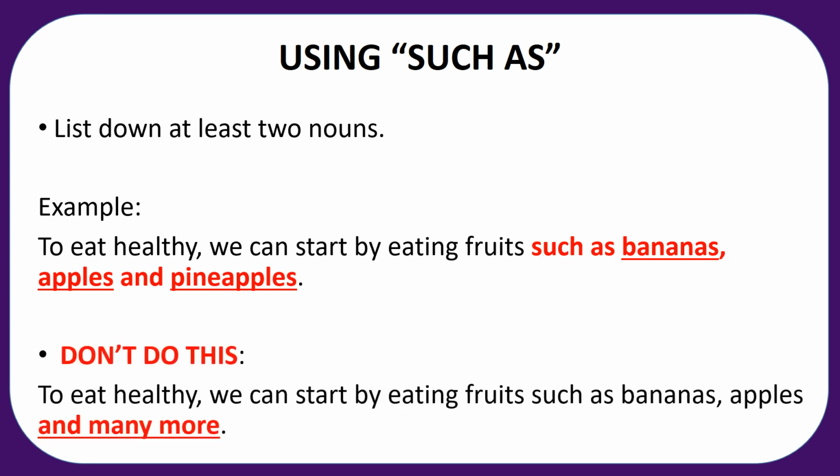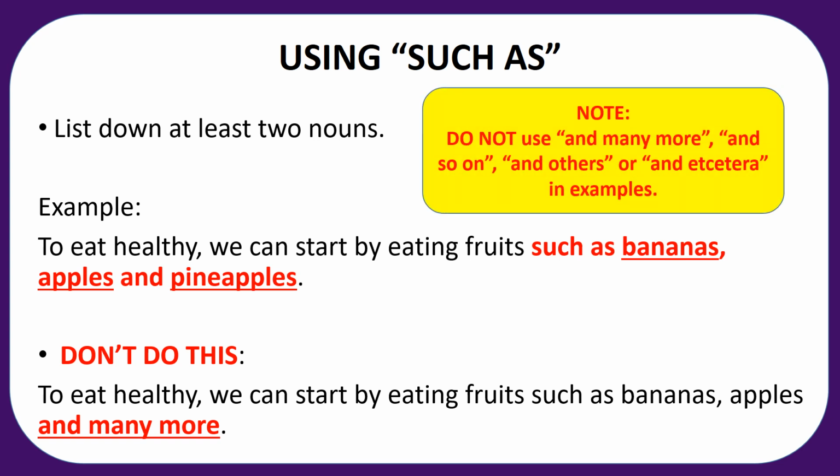To eat healthy, we can start by eating fruits such as bananas, apples, and many more. Many of you have done this, right? I'm sure many of you have done this. If you don't use many more, you may use and so on, and others, and etc., things like that. Please do not use this.